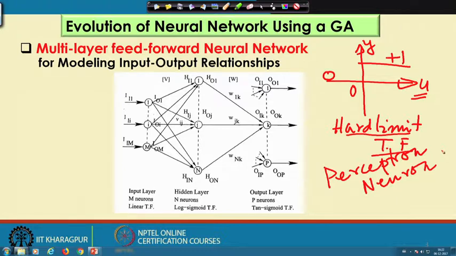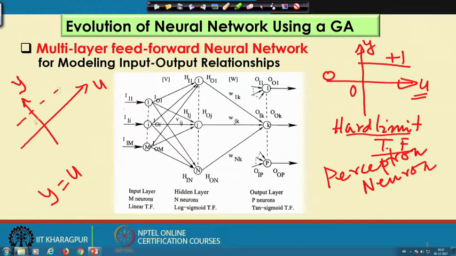Similarly, sometimes we use a linear transfer function. For example, say this is the input u, and the output is denoted by y, and here the output is nothing but the input, and I will be getting a line which is a 45-degree line.